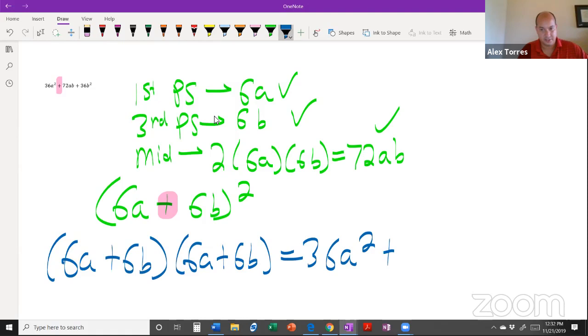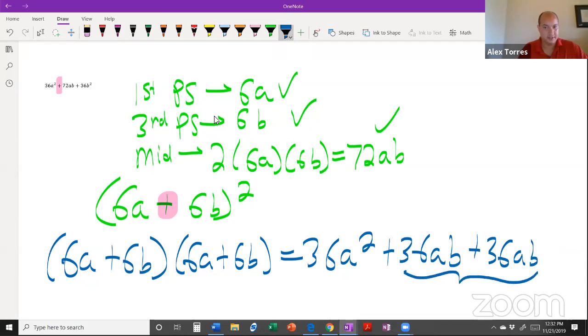So plus 36ab. Inner times inner, 6b and 6a, that's another 36ab. So the outer and inner terms are doubling up. They're going to combine to give you 72ab. And that's exactly what we started with, so that's great. And last times last is 6b times 6b, so 36b squared.